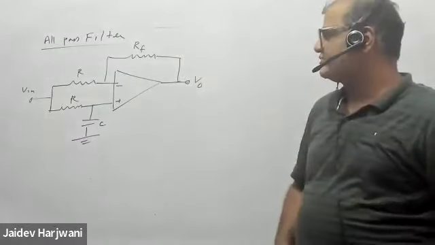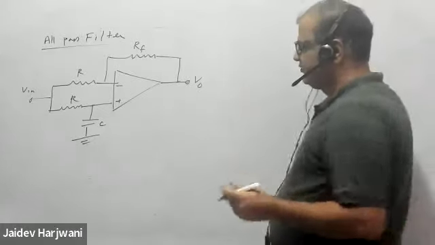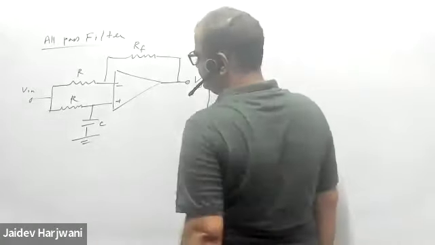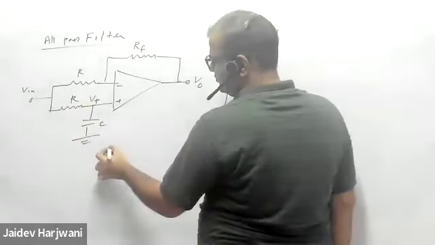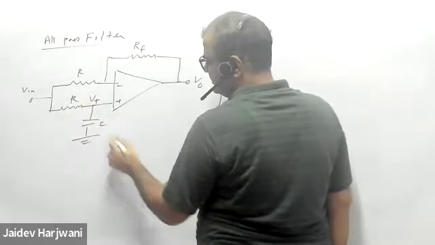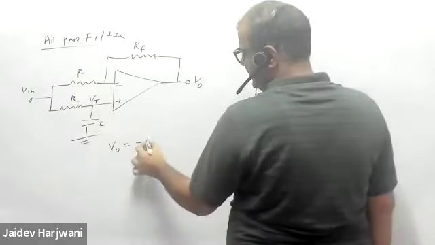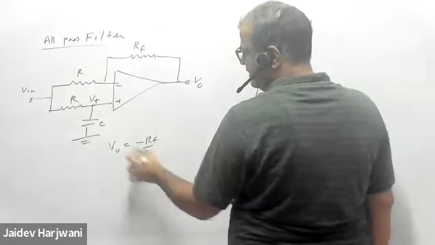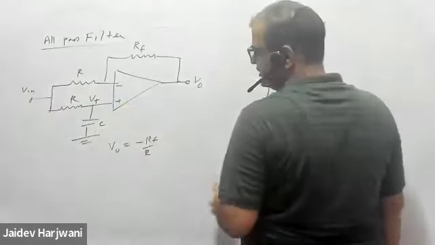इसका आउटपुट लिखो, अभी देखते हैं ये हाई पास फिल्टर है कि नहीं है। Write the output of this one. So if I want to write the output, I should know what is V plus. Okay, output is basically sum of both the things. So minus RF by R, if this is 0, here is coming 0 because inverting non-inverting both are there. Right?